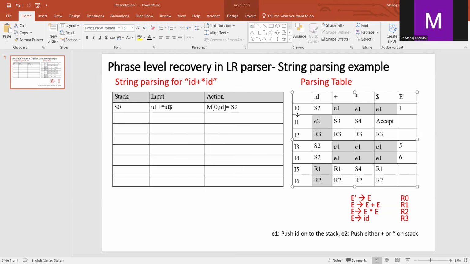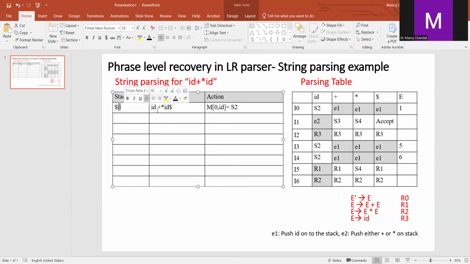Now we are parsing this string, which is erratic, having a missing identifier. The string is ID plus star ID. So initially we have the input, stack, and the action. In the stack we have state I0, which is prefixed by dollar, and the string. First step is to check what is the current state on the stack, that is 0, and what is the current input from the string, that is ID.